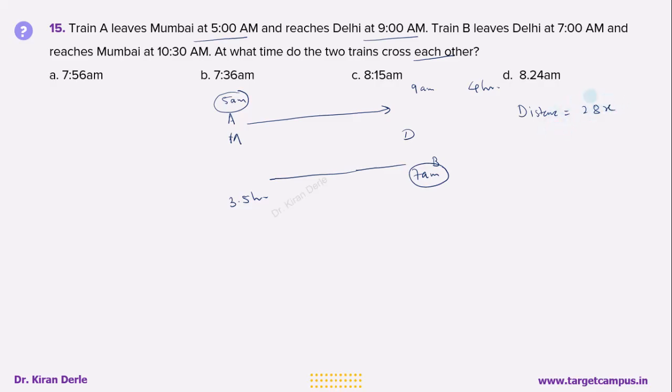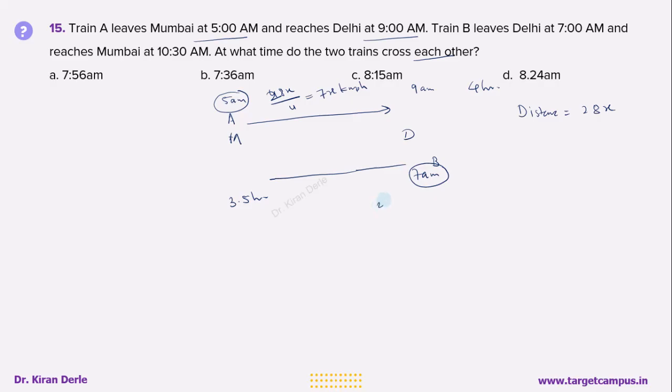So if 28x is the distance, what will be the speed of this train? Distance upon time. Time is 4, so 7x kilometers per hour is the speed of the first train.